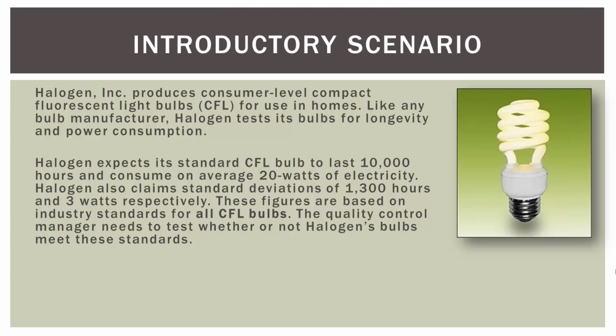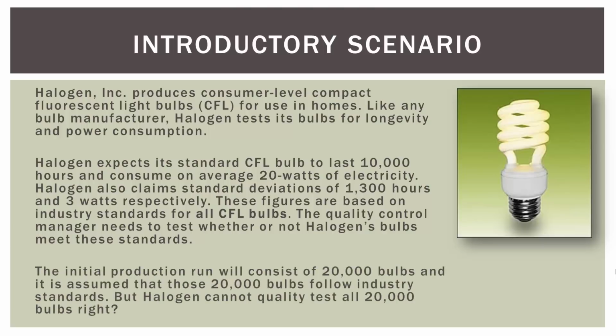These figures are based on industry standards for all CFL bulbs. The quality control manager needs to test whether or not Halogen's bulbs meet these standards. The initial production run will consist of 20,000 bulbs, and it is assumed that those 20,000 bulbs follow the industry standards outlined above.